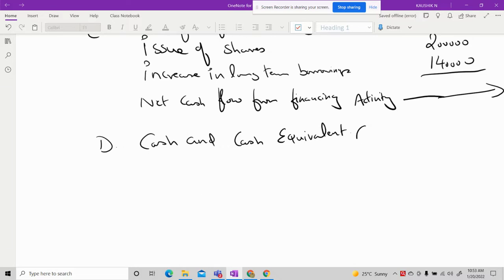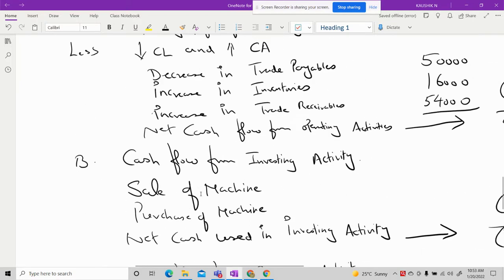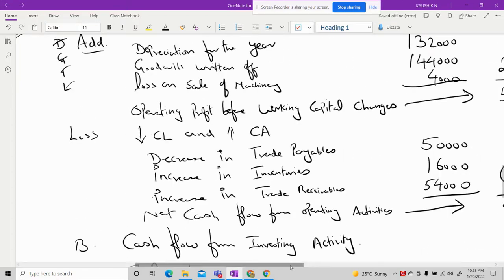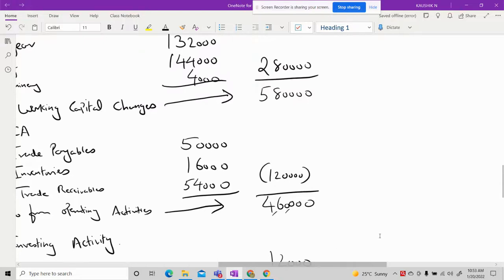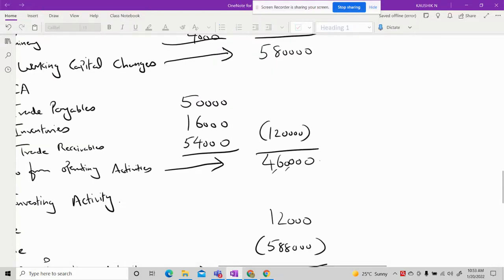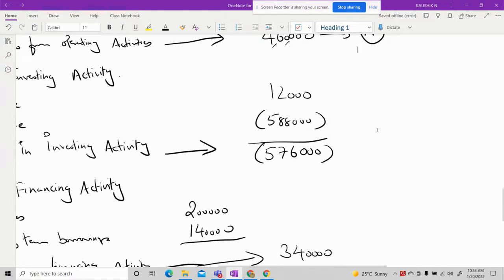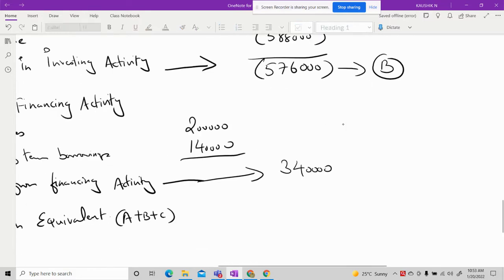You will get this by adding A plus B plus C. A is the final value I got here, then I've got an amount of rupees 5,76,000 negative, which is my B, and the value of rupees 3,40,000, the value of C. So add these three values.